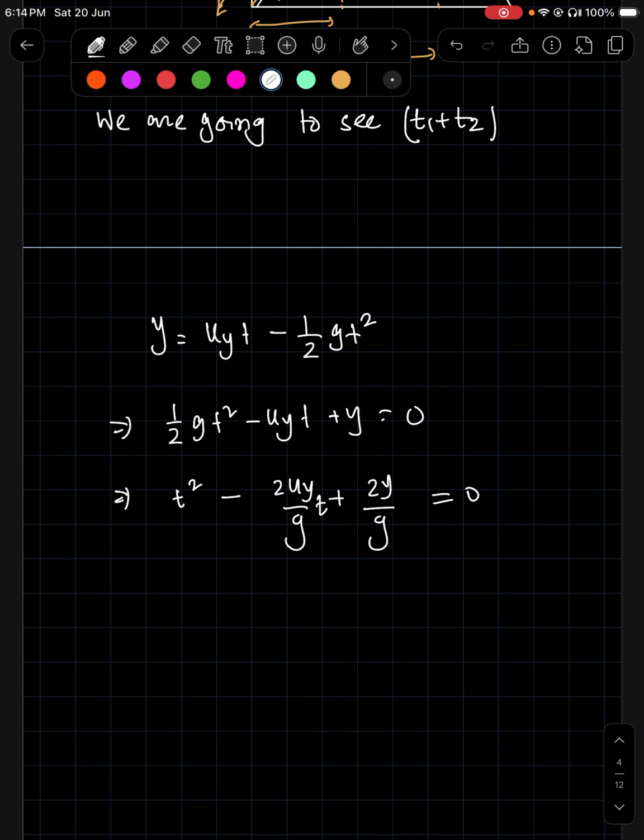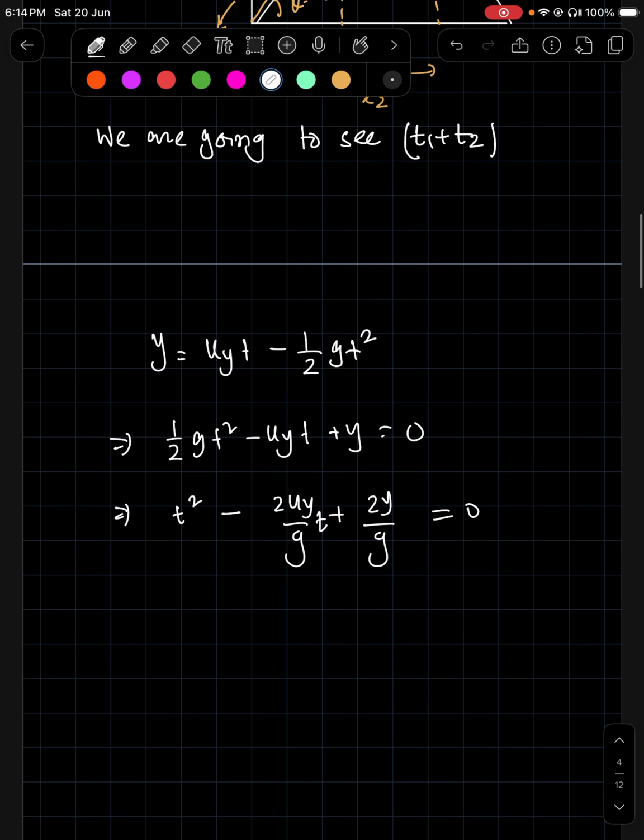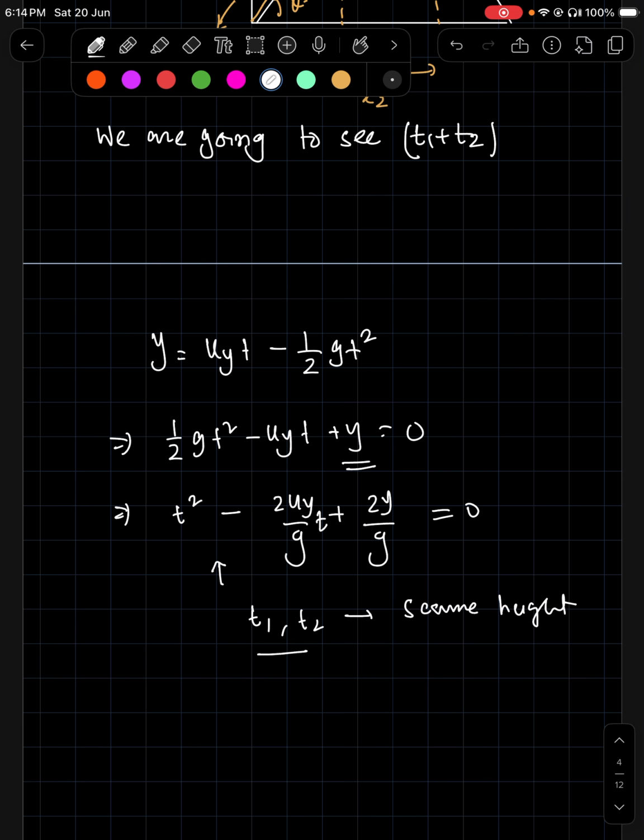Like the previous case we discussed for the quadratic equation of x, it is a quadratic equation of t. It has two roots, t1 and t2, and for t1 and t2 the same y can be found, and that is happening in the path of the projectile. So the sum of t1 and t2 is simply 2 u sin theta by g.